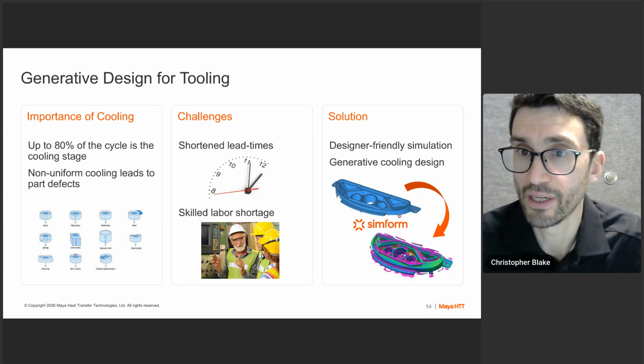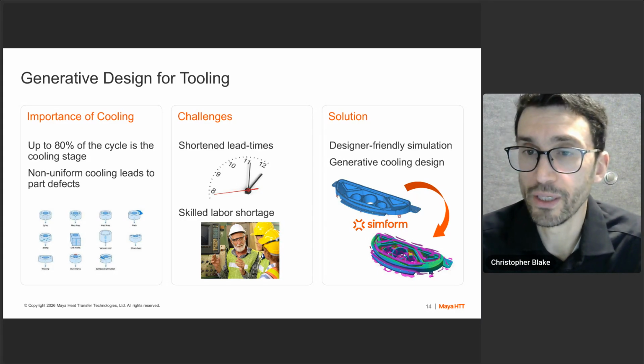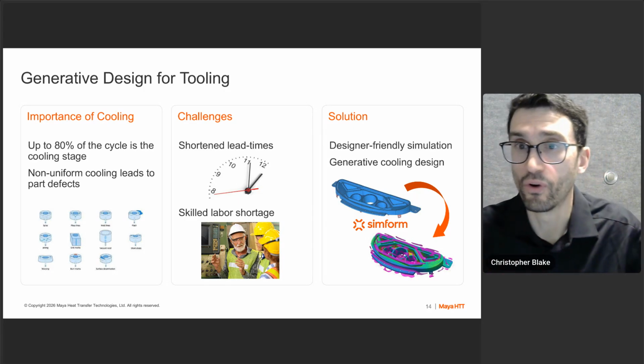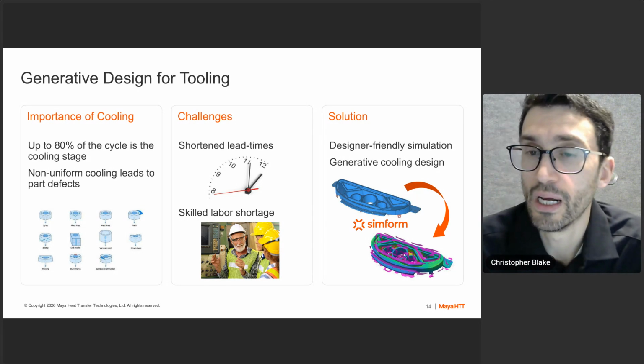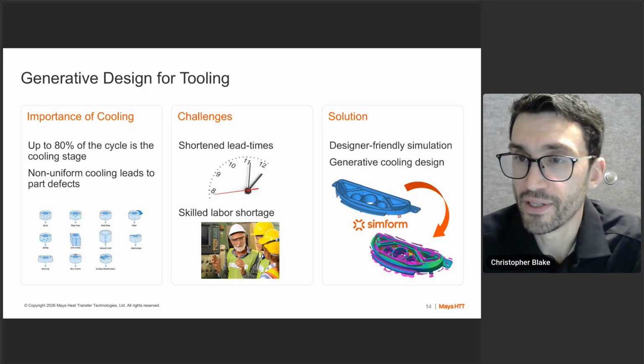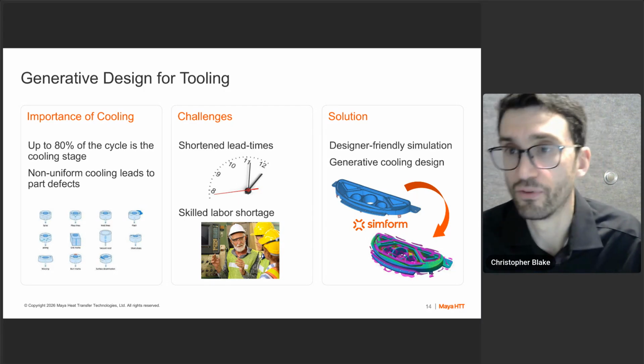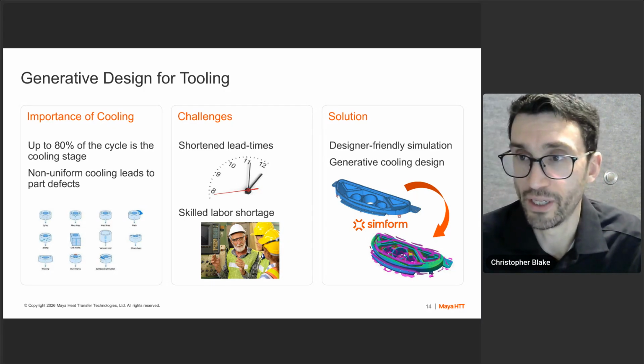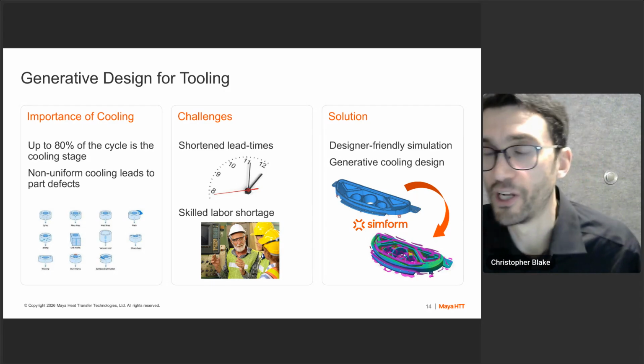Up to 80% of that cycle time can be cooling. And cooling is important because if it's not uniform, this can lead to defects on your plastic part, like sink marks or unanticipated weld lines, or of course, warpage and shrinkage that doesn't meet the tolerances required of the part.